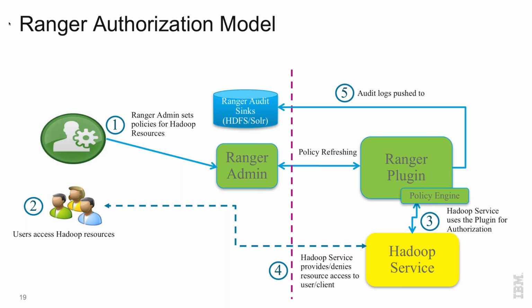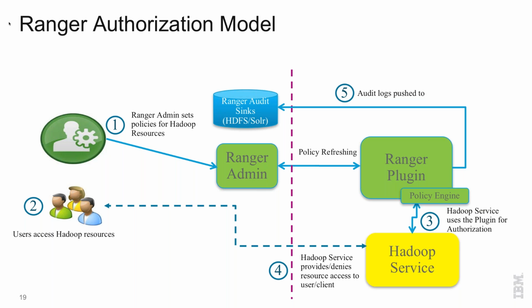First, you use the Ranger Admin UI to set your policies for the previously mentioned supported services. After you save a policy, the policy will be refreshed into the Ranger plugin of its corresponding service.